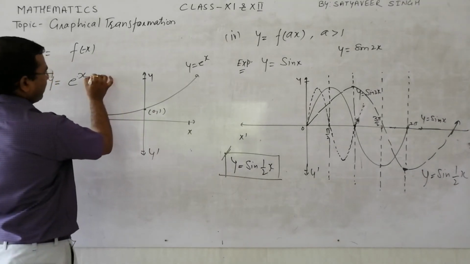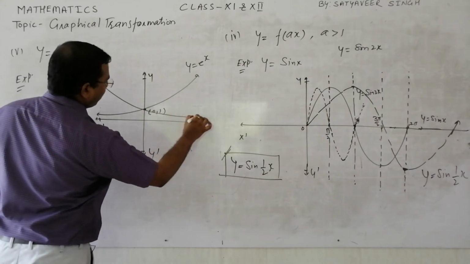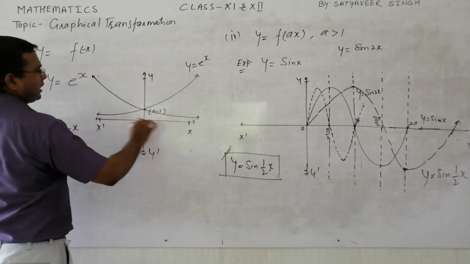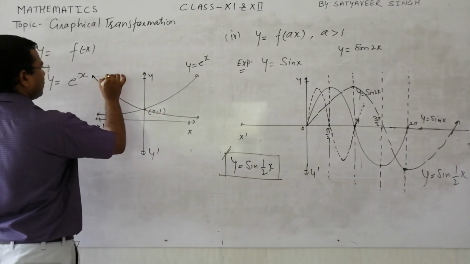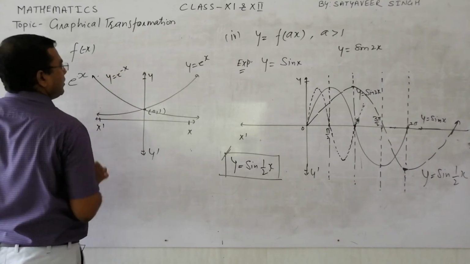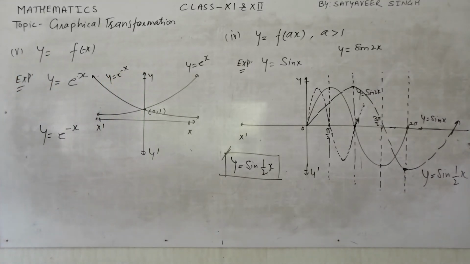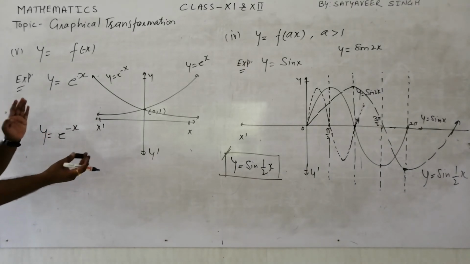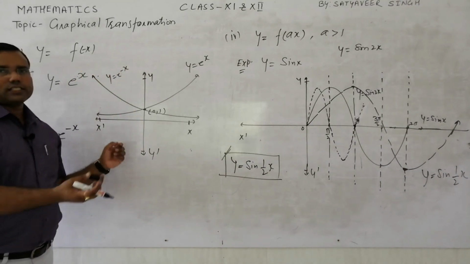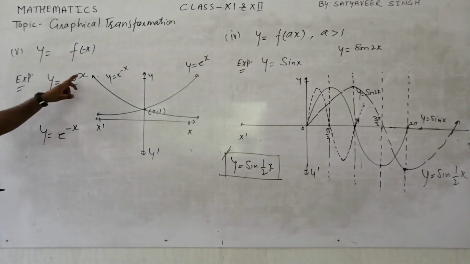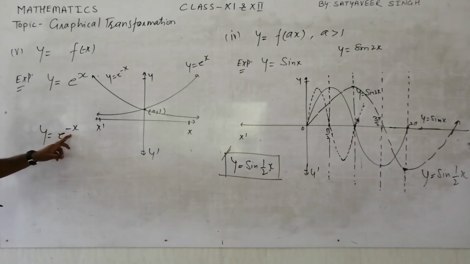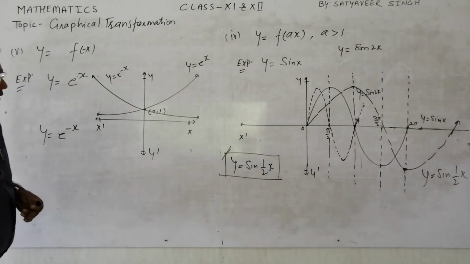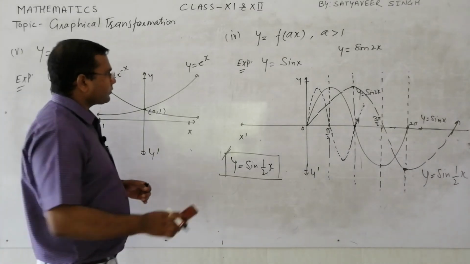So if it is the mirror, then the graph changes like this, and this is y is equal to e raised to minus x, the transformation we got. So this is what we have done. The y-axis we have used as a mirror. Whenever we change x into minus x, the y-axis will work as a mirror. So keep this in mind. See the next one.